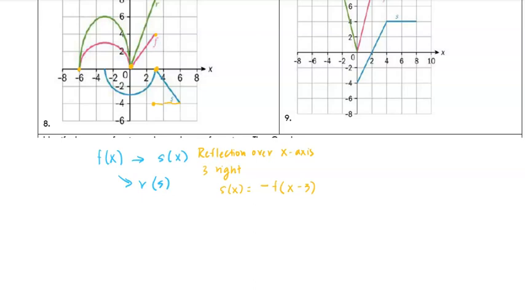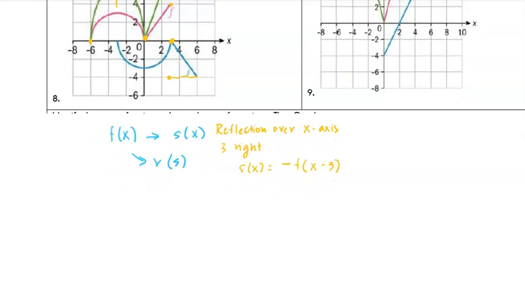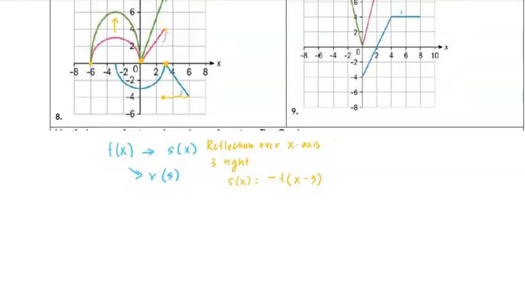Now, if you look at r, it definitely looks like a vertical stretch. Okay, and so that means that to create r of x, it doesn't look like the points moved anywhere.